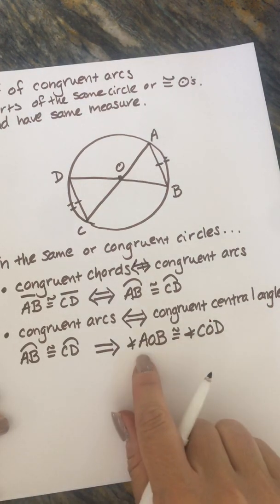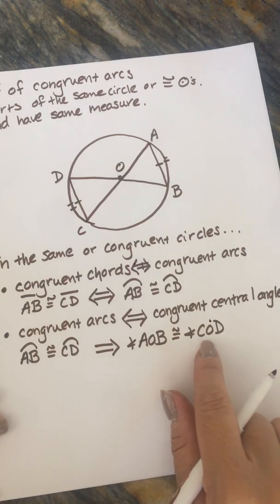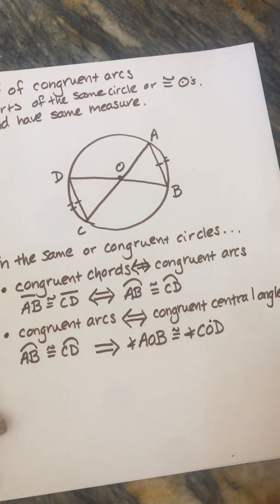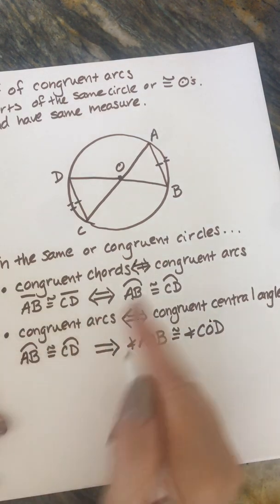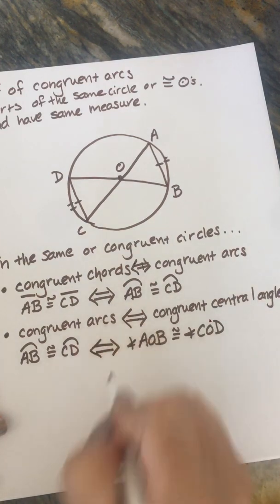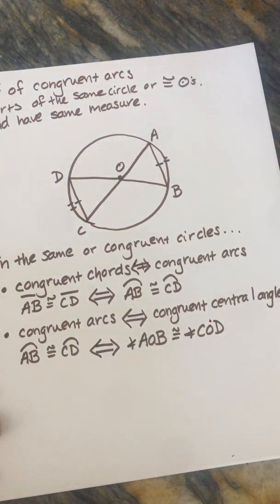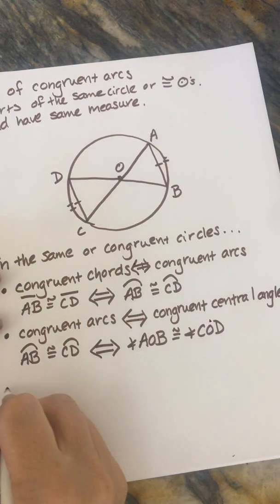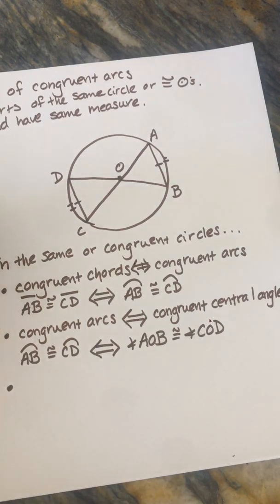Likewise, if we know that angle AOB is congruent to angle COD, then arc AB is congruent to arc CD. You've just knocked out 2 more theorems. Let's do the last set. Guess what? Let's do the combination we haven't done yet.